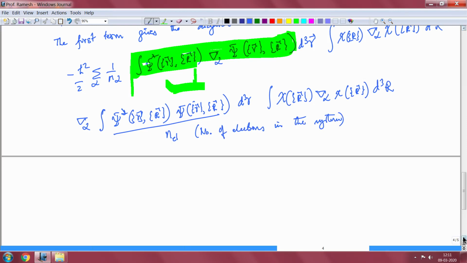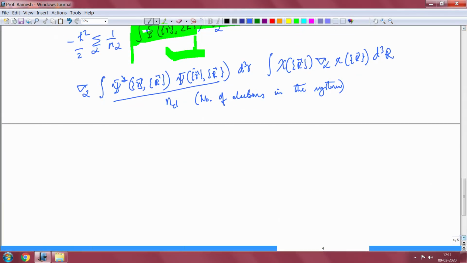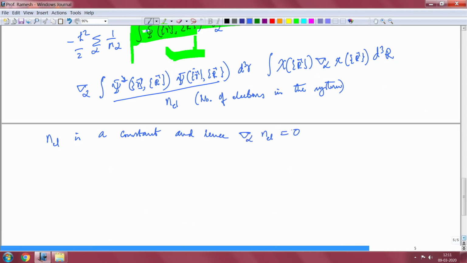Because it is the number of electrons, it is a constant, N_EL is a constant, and hence del alpha N_EL is equal to 0.